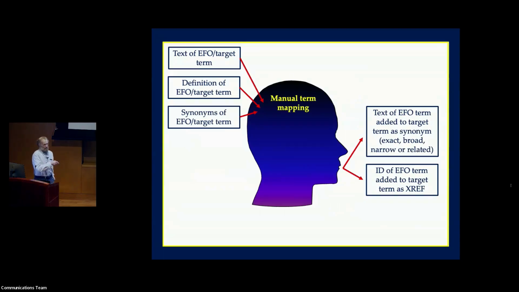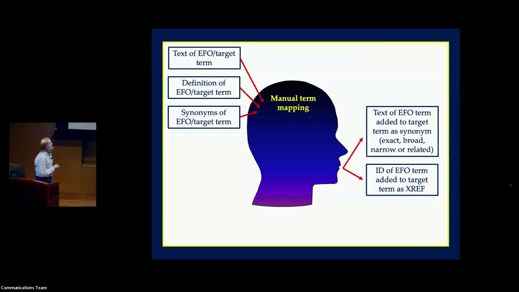This is the manual version of the match. Maybe 30% of most of those automated matches was covered. 30% of the EFO terms were covered by that automated matching, but then the other 70% of most of those ontologies had to be done manually.